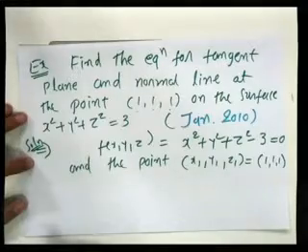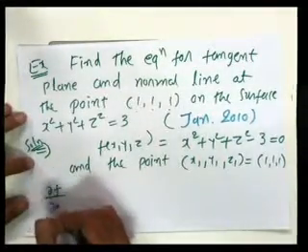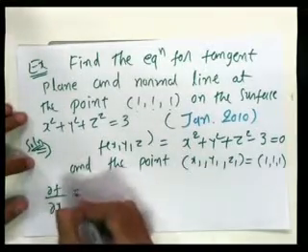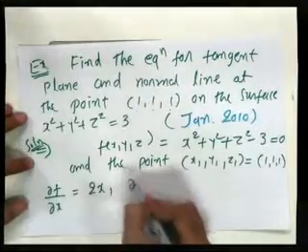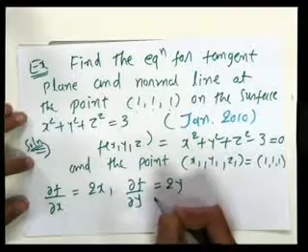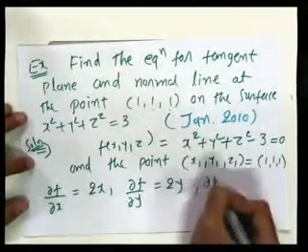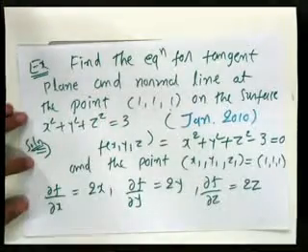Now first we will find del f by del x. Del f by del x is equal to 2x, very quickly. In the same way, del f by del y is equal to 2y, and del f by del z is equal to 2z.